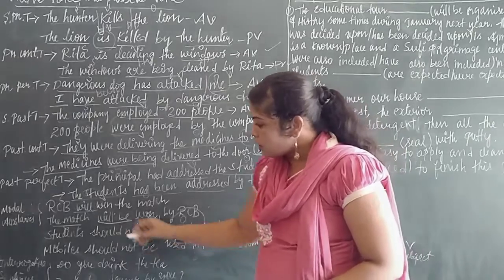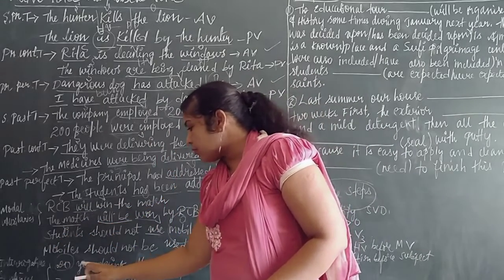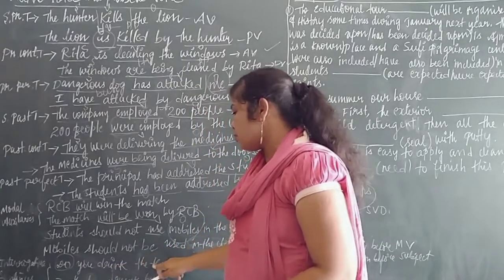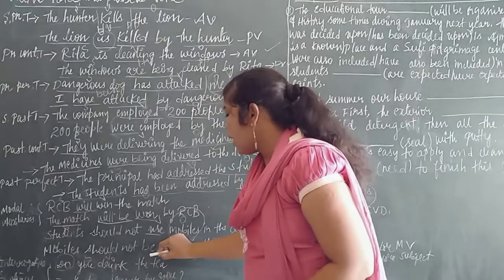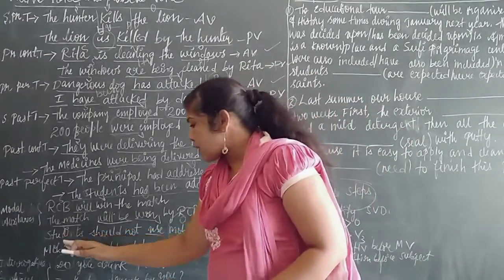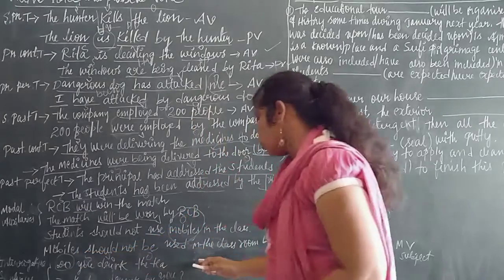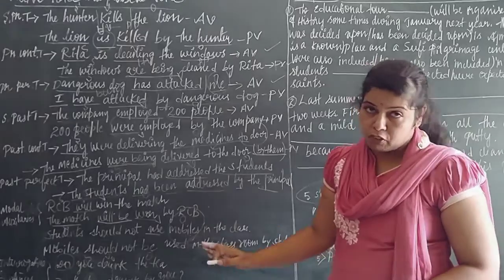Excluding the helping verb, we can again identify the subject, verb and object. Here you is the subject, drink is the verb and the tea is the object. If it is a yes or no type of question in active voice, in passive voice also it should be a yes or no type of question only.